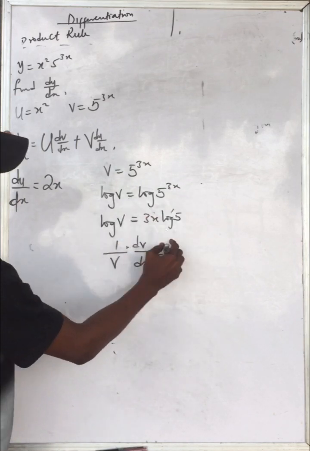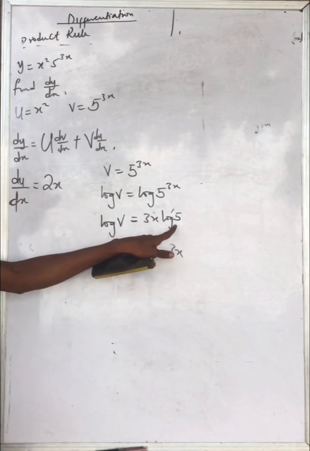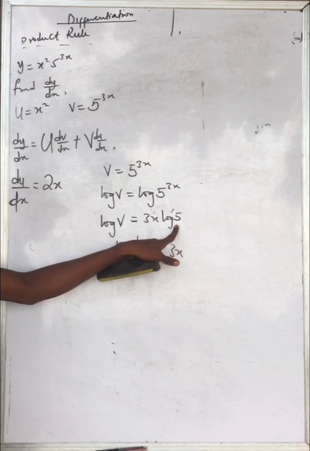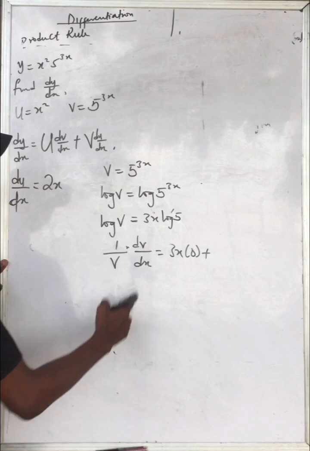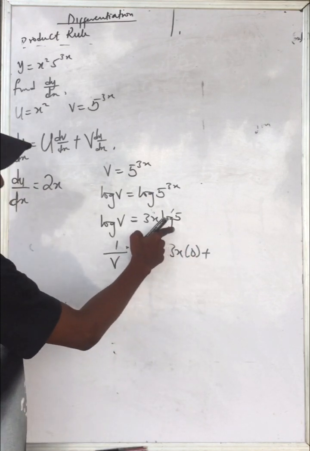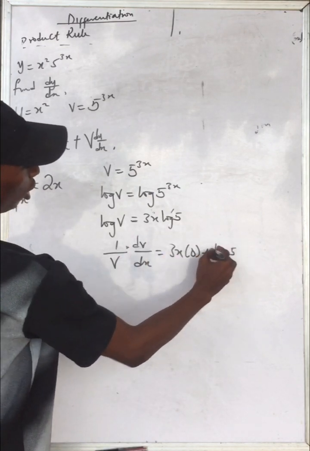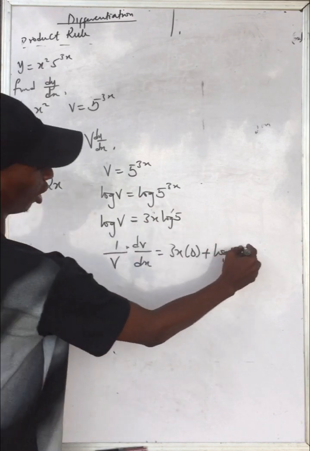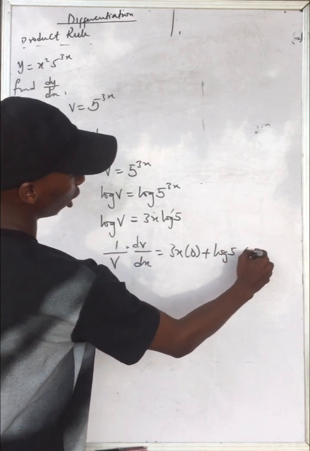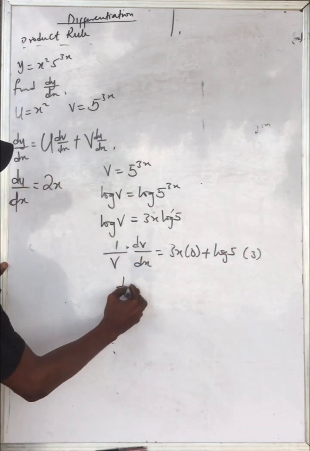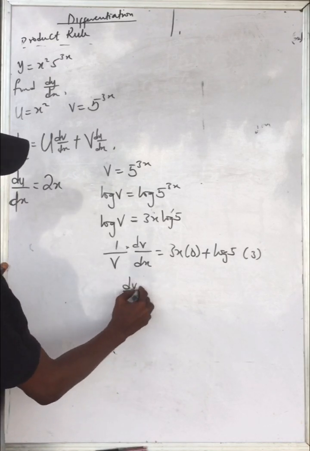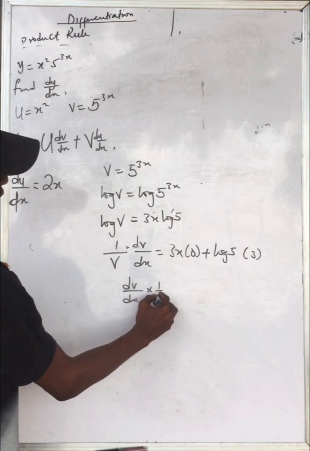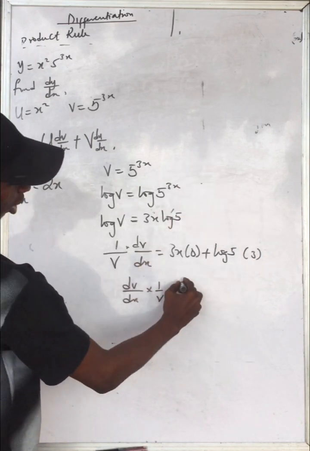So u is 3x, dv/dx; if you differentiate log 5 with respect to x, it is 0, plus v, that's log 5. You understand now? Differentiate 3x with respect to x is 3. So that 1 over v dv/dx, or rather I can write it as dv/dx multiplied by 1 over v, is 0, that's 3 log 5.